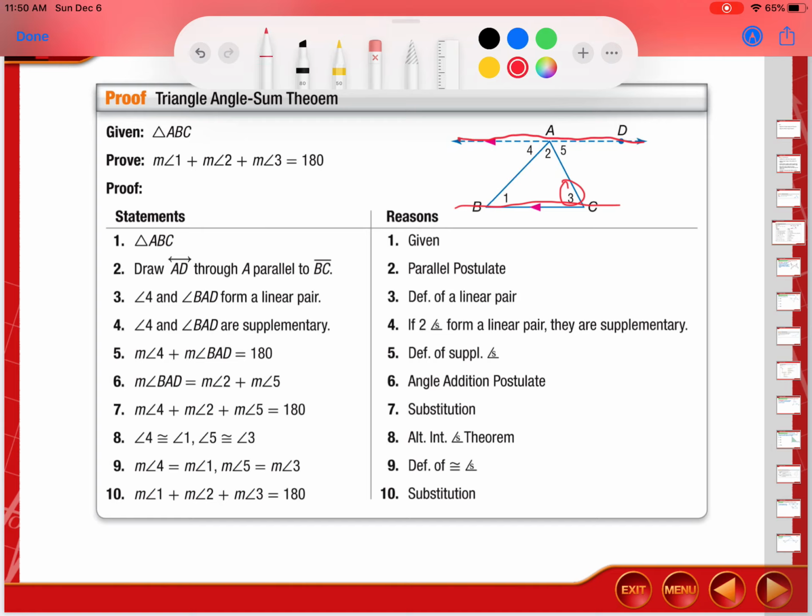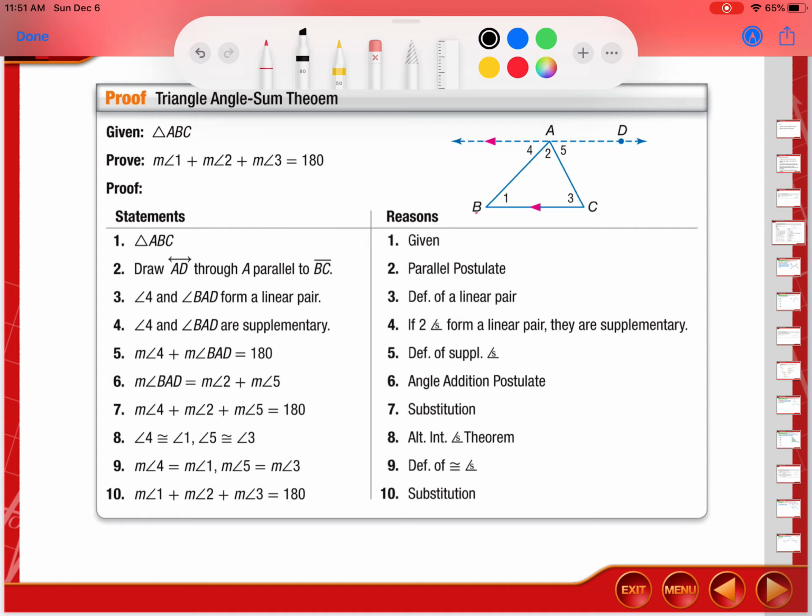And then if we did the same thing going the other way, we still have those two parallel lines, and then we have this transversal, AB. What this shows is that 4 and 1 are the same. So basically what they're trying to show is that if 1 and 4 are the same, 3 and 5 are the same, and 4, 2, and 5 add up to equal 180, then 1, 2, and 3 must also add up to equal 180.